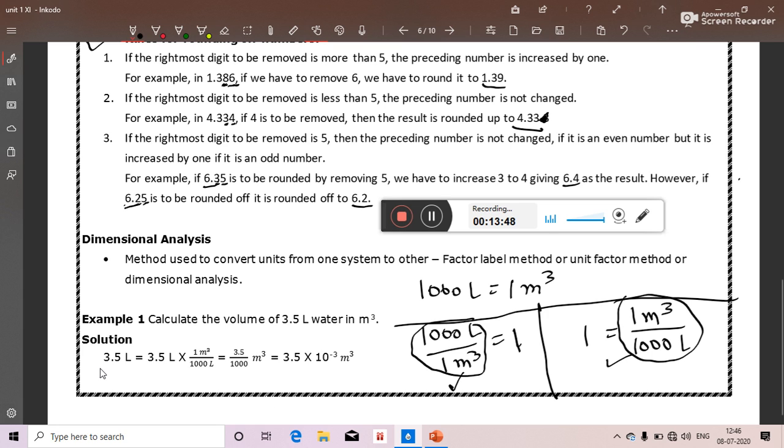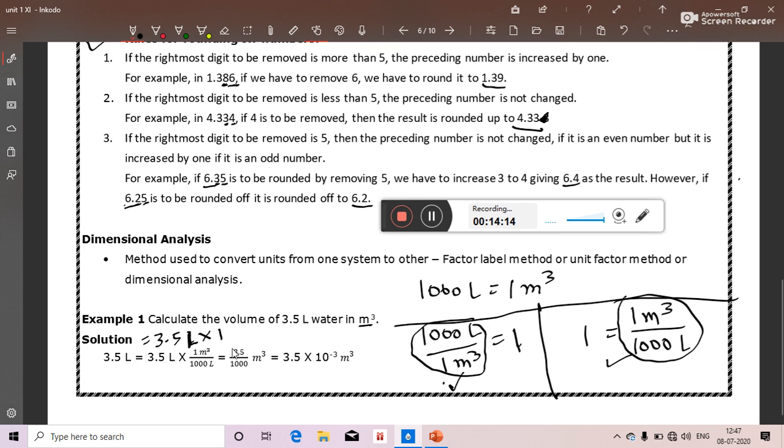So suppose we are having 3.5 liters. Now 3.5 liters can also be written as 3.5 liter multiplied by 1. Now instead of 1, can we put any one of these two? Because both are equal to 1. Now here we have to convert the answer into meter cube.